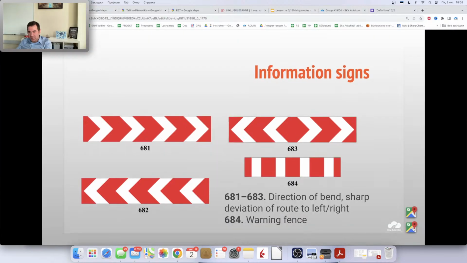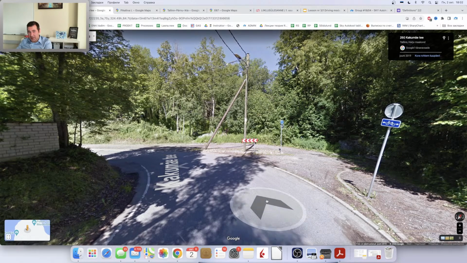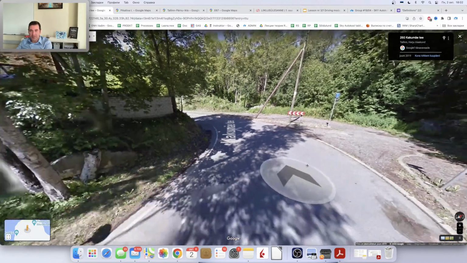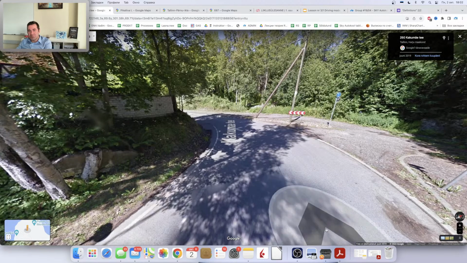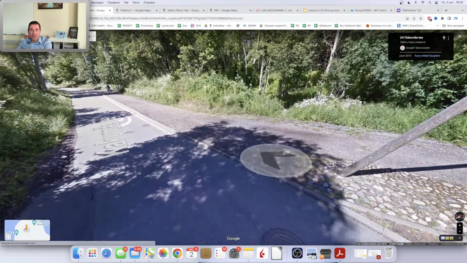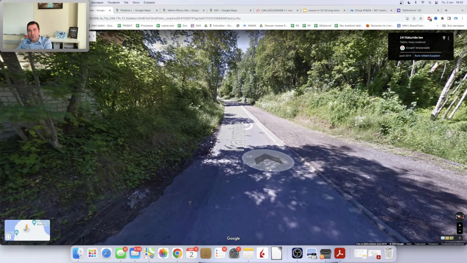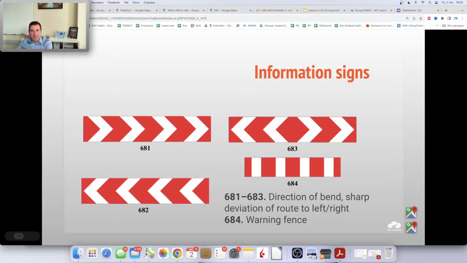Or for example, as shown here, it tells you that there is a sharp turn in front of you, so you have to slow down because you cannot simply drive here at 50 or even 40. You have to be very careful because it's quite a narrow road and it goes to the left, so as to avoid an accident.